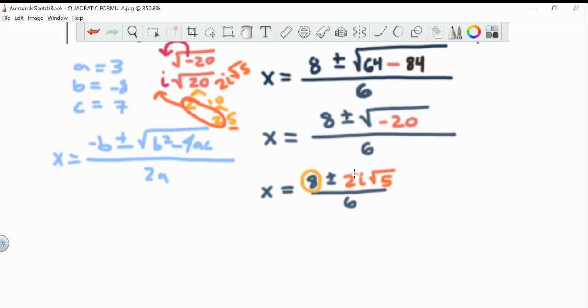Can we take all of the outside numbers, not including the 5, because the 5 is on the inside of the square root, and can we simplify all three of these things? These are all divisible by 2, so our final answer would be 4 plus or minus 2 divided by 2 is just a 1, so it would be i square root 5, divided by 3.